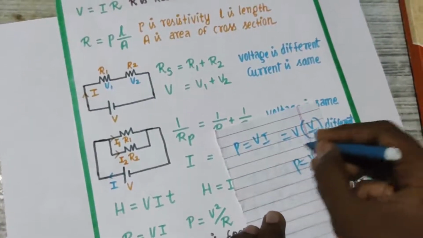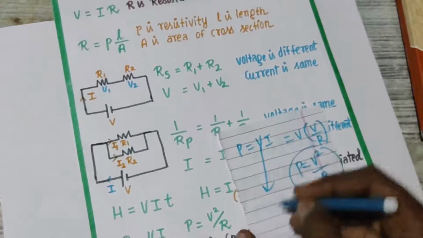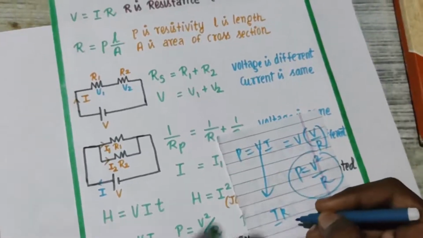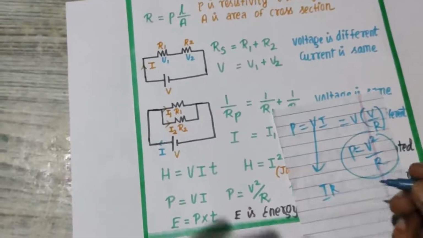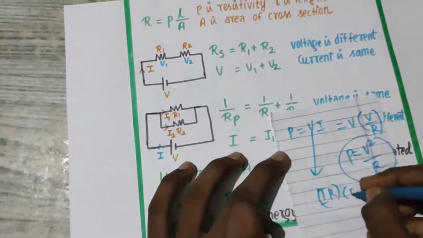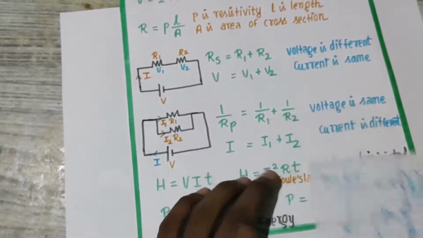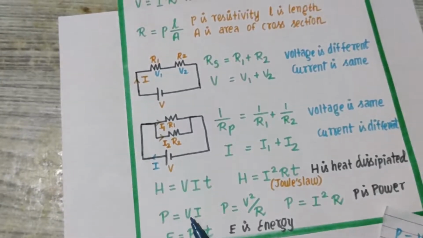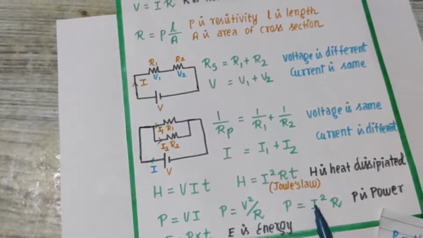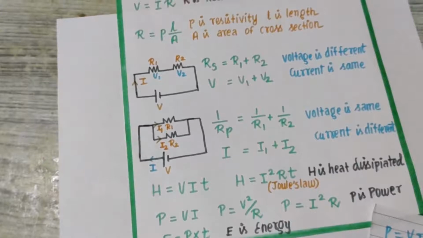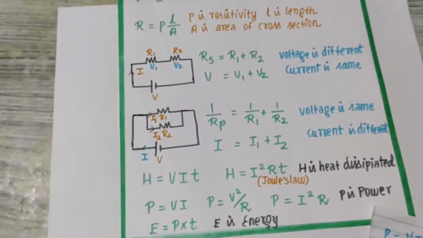Or you can replace V as I into R, so I into R into I will be I square R. So now we have three formulas: P is equal to V into I, V square by R, and I square R. These are the three formulas which you have to know.